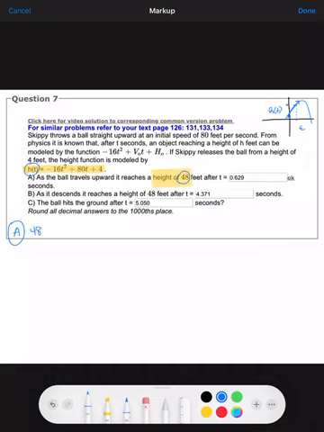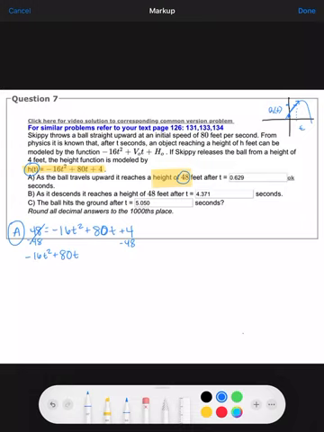So 48 equals negative 16t squared plus 80t plus 4. And I'm going to be solving for t. And so the first thing that I'm going to do is just set this equal to 0. So I'm going to move the 48 to the other side. And I'm going to get negative 16t squared plus 80t.